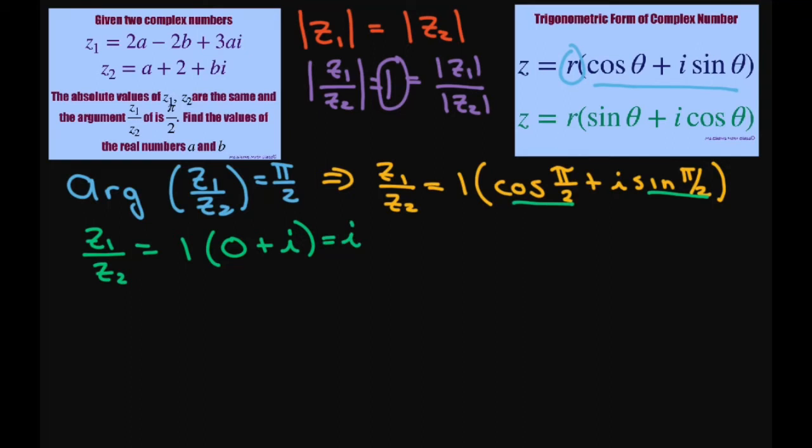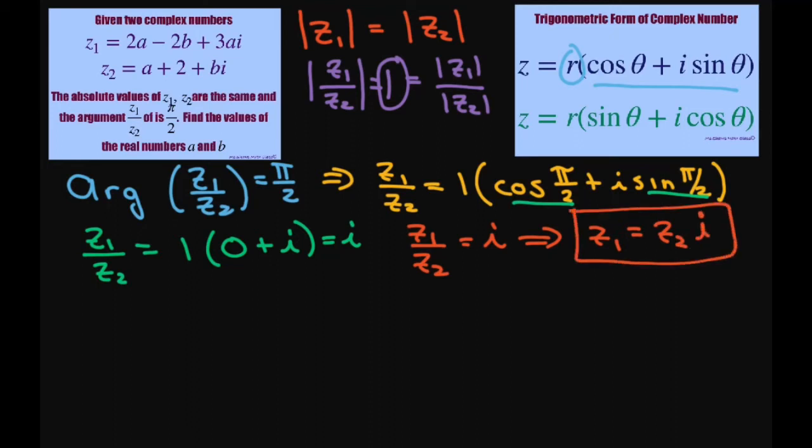Now when you cross multiply, if you have z sub 1 divided by z sub 2 equals i, you get z sub 1 equals z sub 2 times i. So that's what we have here. And now I'm going to substitute my actual complex numbers.